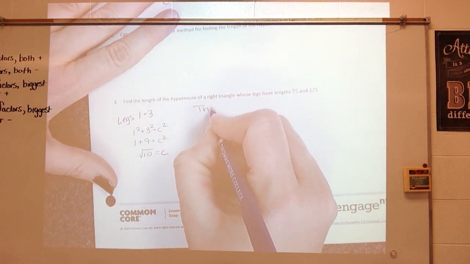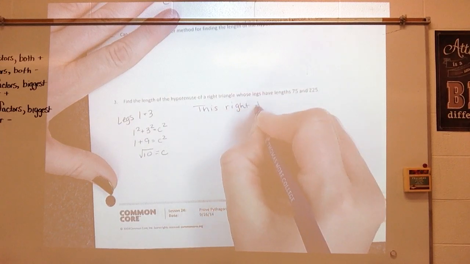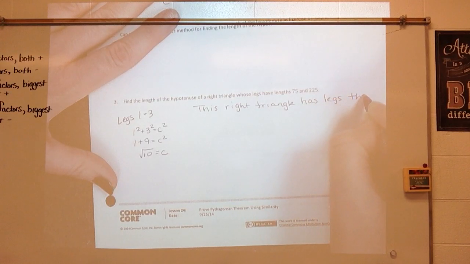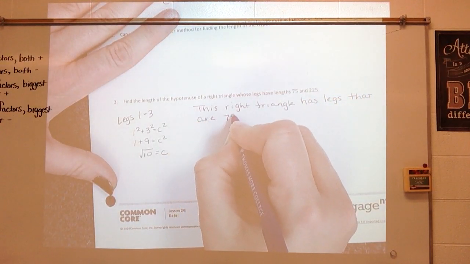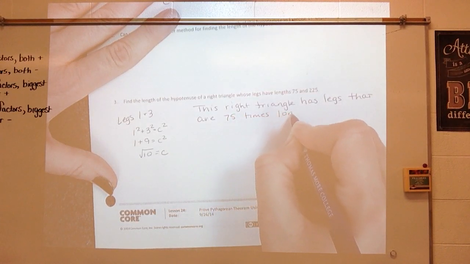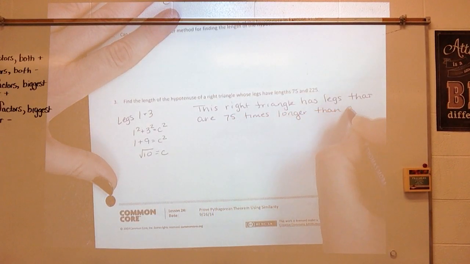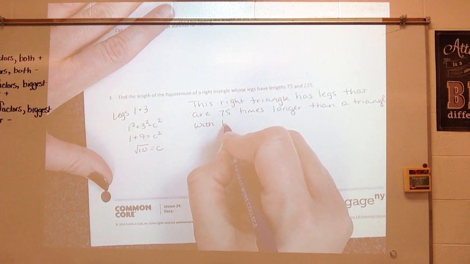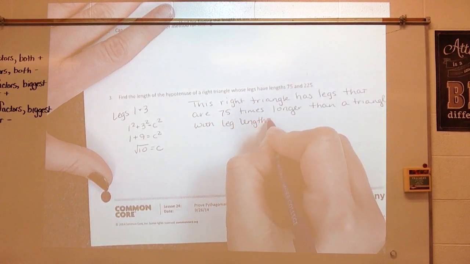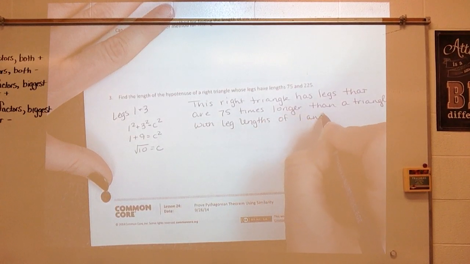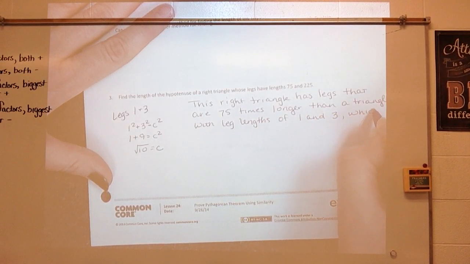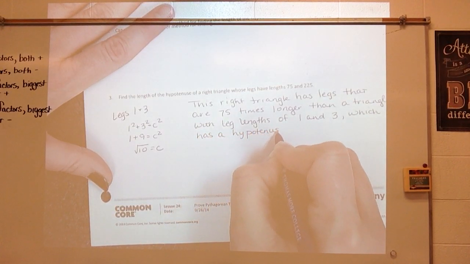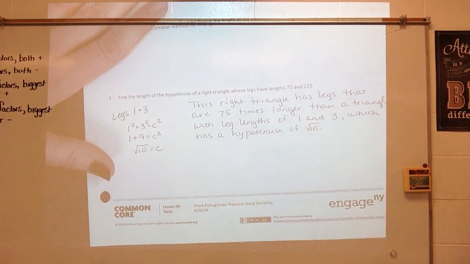So this right triangle has legs that are 75 times longer than a triangle with leg lengths of 1 and 3, which has a hypotenuse of the square root of 10. Okay?